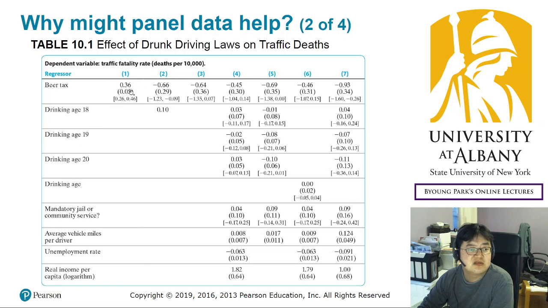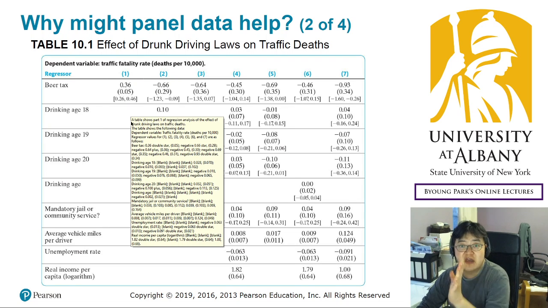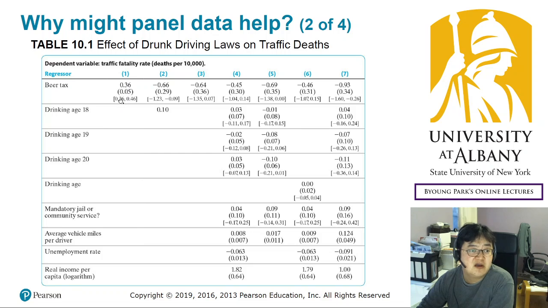Interestingly, the first regression has a positive coefficient on beer tax, and all the others have negative, even if they are not that significant. You can tell whether it is significant or not by reading the confidence interval.